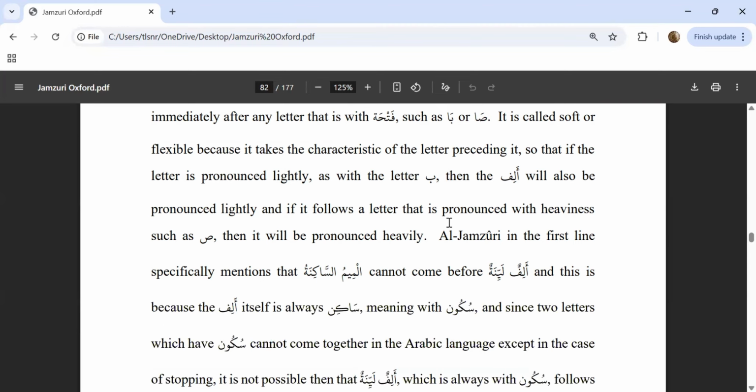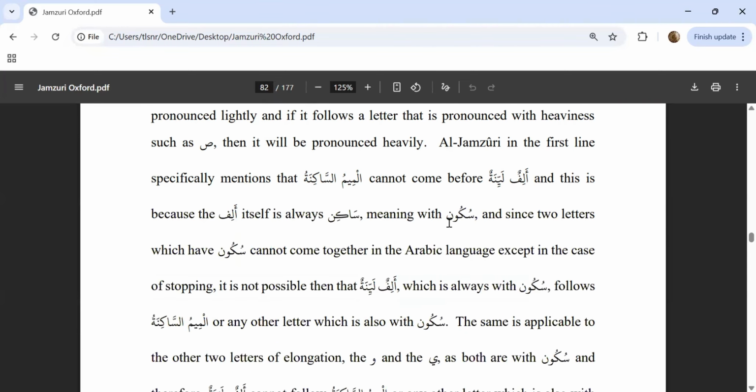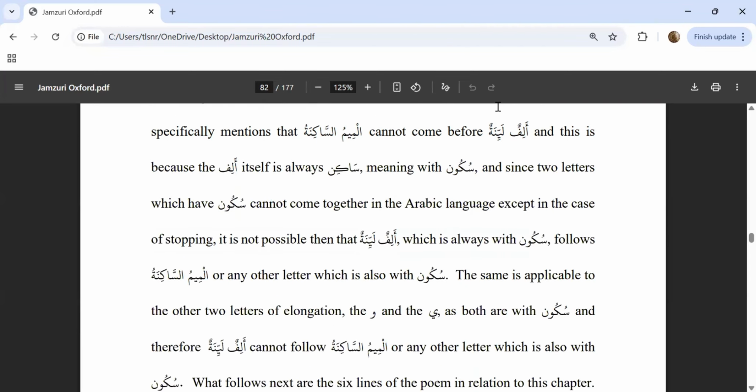So Al-Jamzuri in the first line specifically mentions that the meme sakina cannot come before an alif layna. And this is because the alif itself is always sakin.